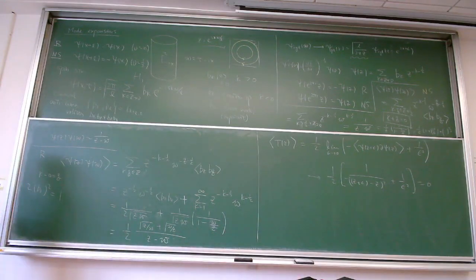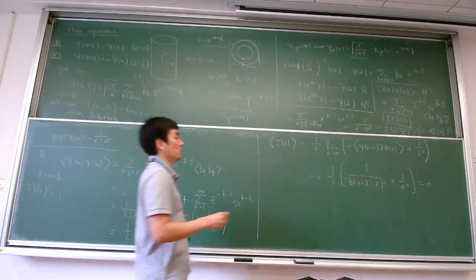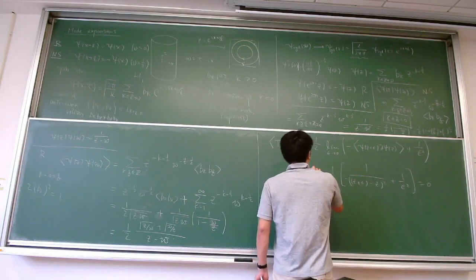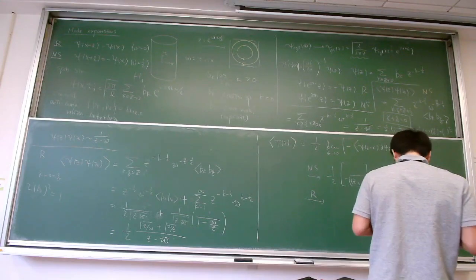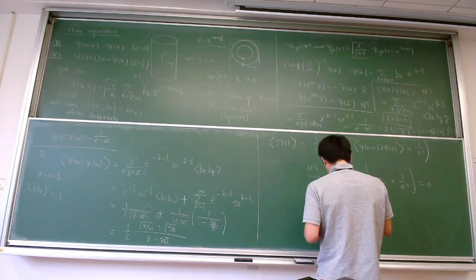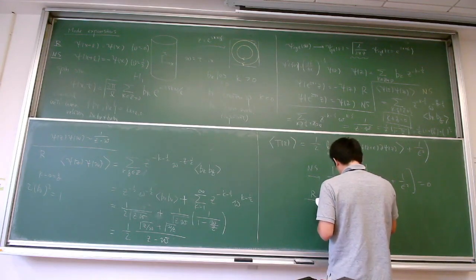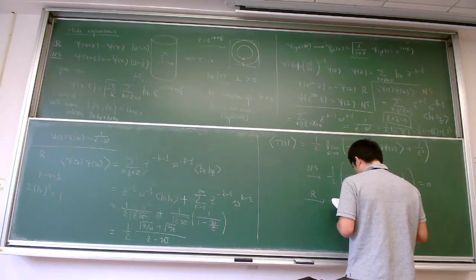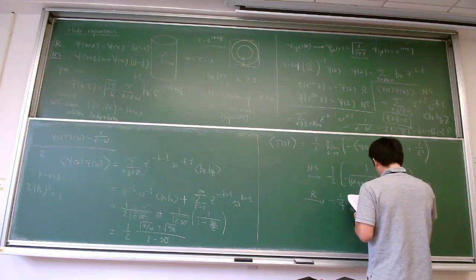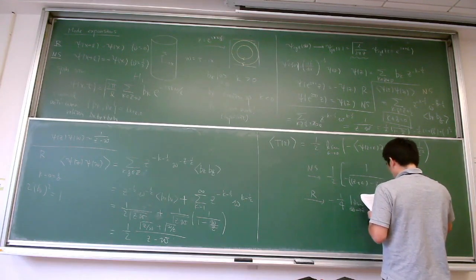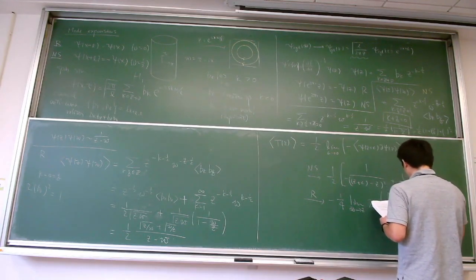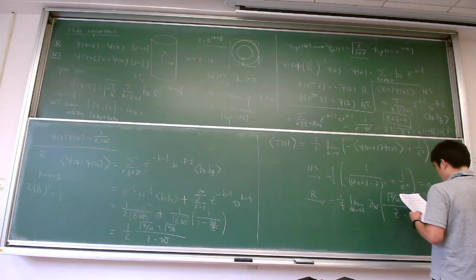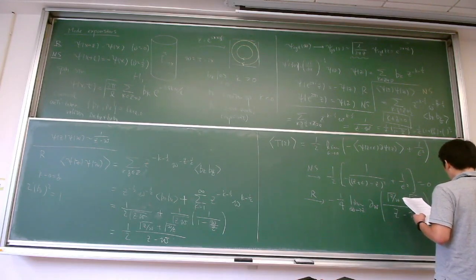On the other hand, if it is Ramond, you get minus 1/4 limit plus 1/2 to z minus w squared.